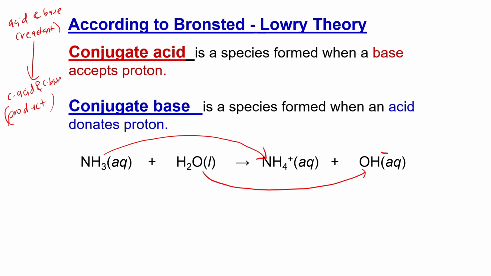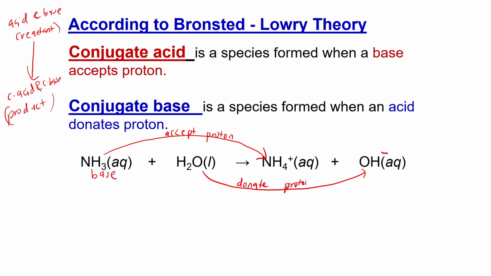So NH3 accept proton. Okay, after accept proton, dia akan form NH4+. So kalau dia accept a proton, dia ialah acid ataupun base. Yes, dia ialah base. So H2O donate proton.